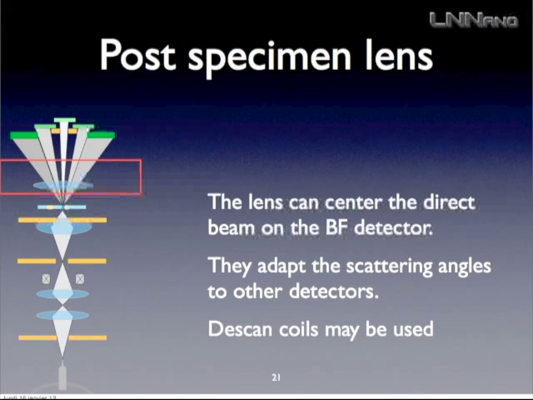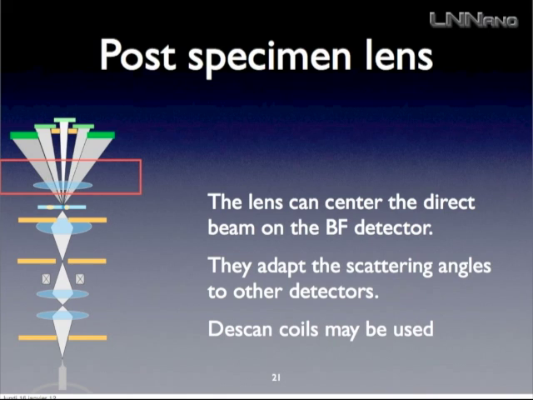It's just the projector lens, and usually this projector lens can have a lot of aberration and so on, so they are not so important. Maybe they can compress the beam a little bit. You have some deflectors to align the beam with respect to the detectors, which I will discuss in a minute.